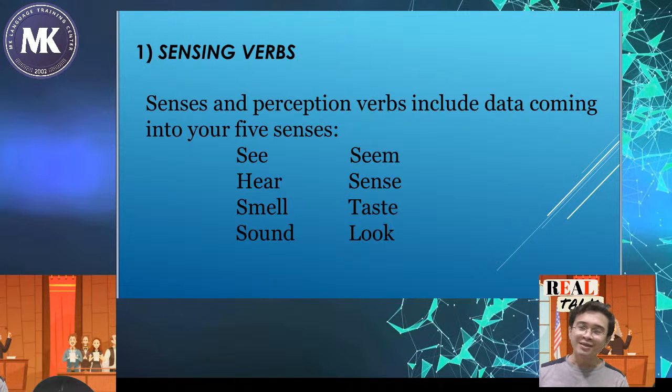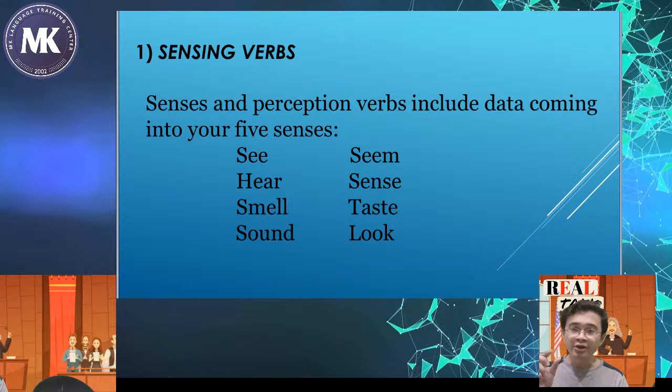The examples of sensing verbs are see, hear, smell, sound, seem, sense, taste, and look. Commonly, see and seem come from the sense of sight. Hear, of course, from our sense of hearing. Smell, obviously, is for our sense of smelling, our nose.